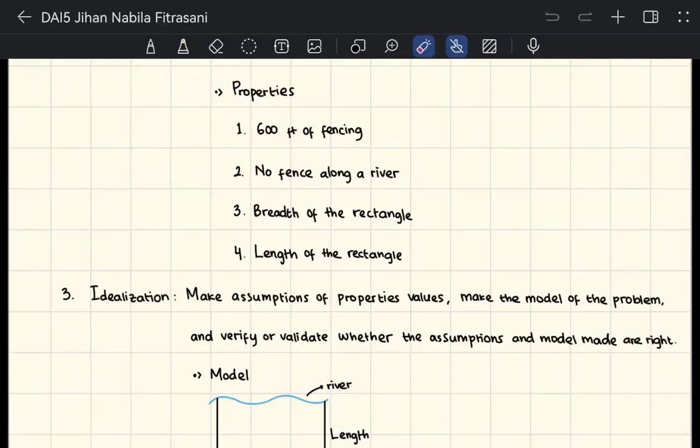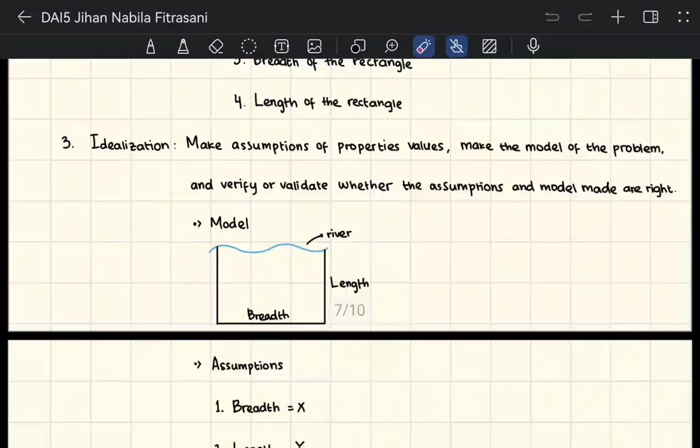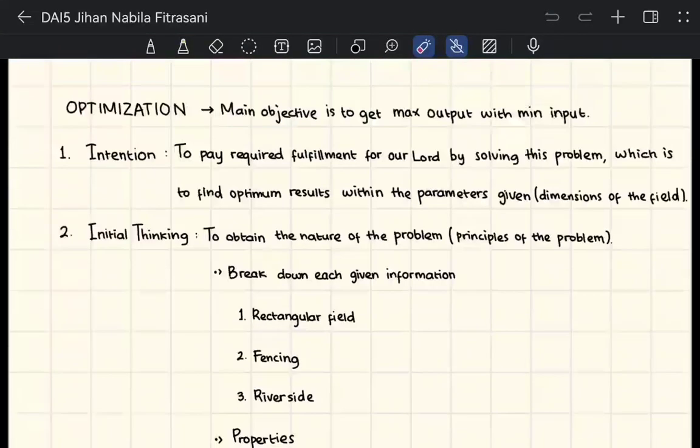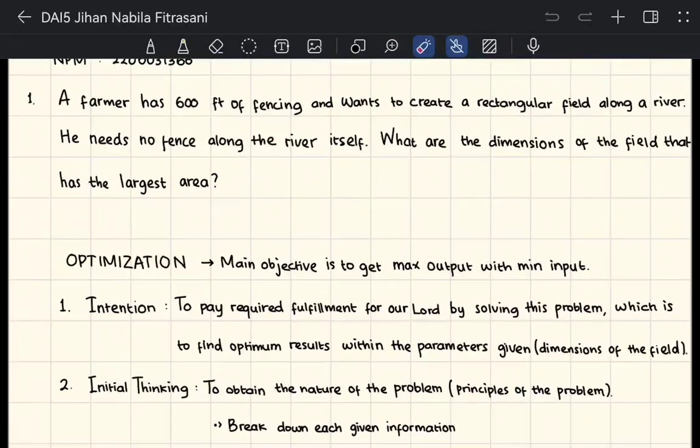We can get into the third point, which is idealization. In idealization, we have a few steps to do: first, make assumptions of property values, then make the model of the problem, and then verify or validate whether the assumptions and model made are right. So first, we can try to make the model here. It was said that the farmer wants to create a rectangular field along a river.